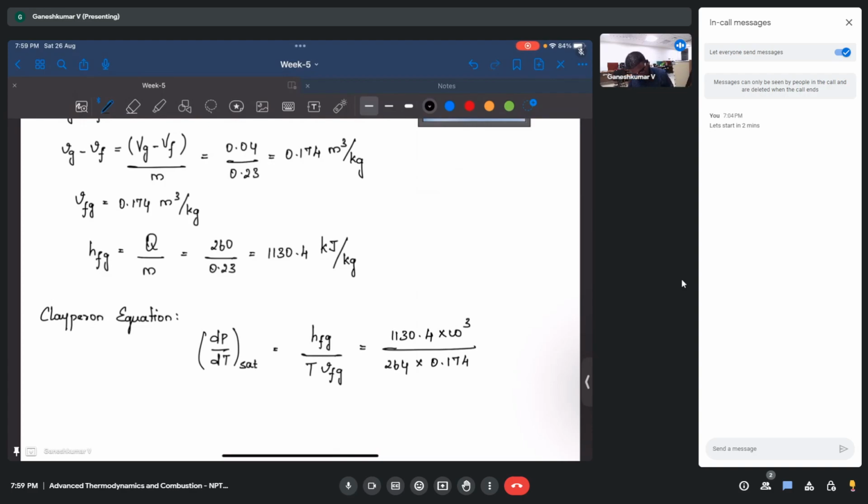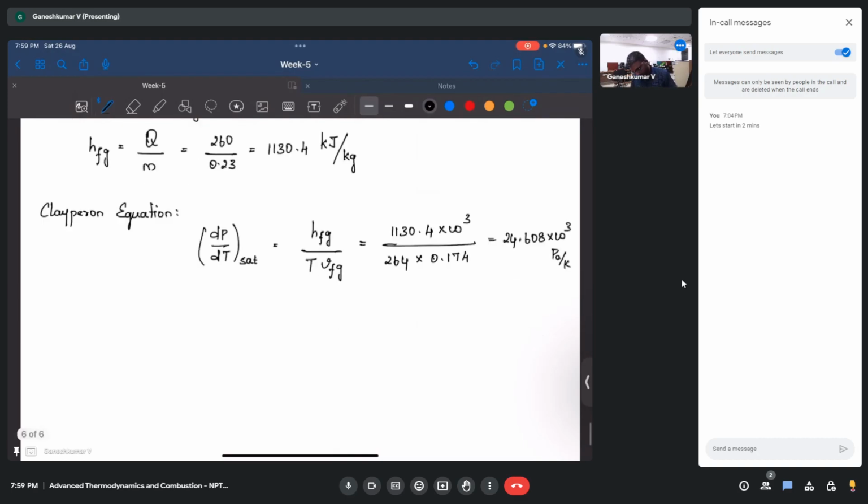I'm getting something around 24.608 times 10 power 3, probably in Pascal per Kelvin, that is dp by dt. Okay, let me just rearrange this.